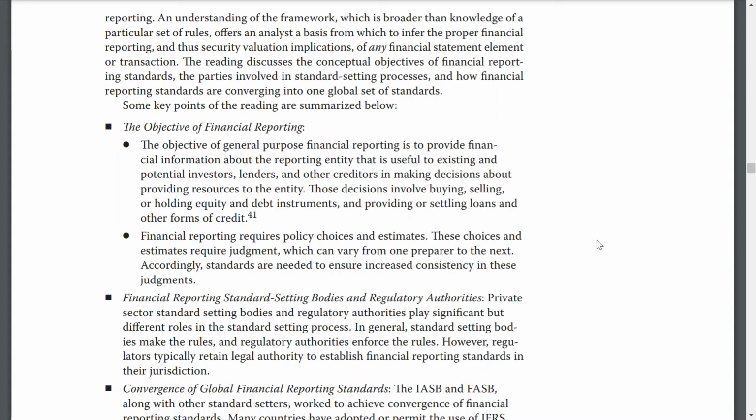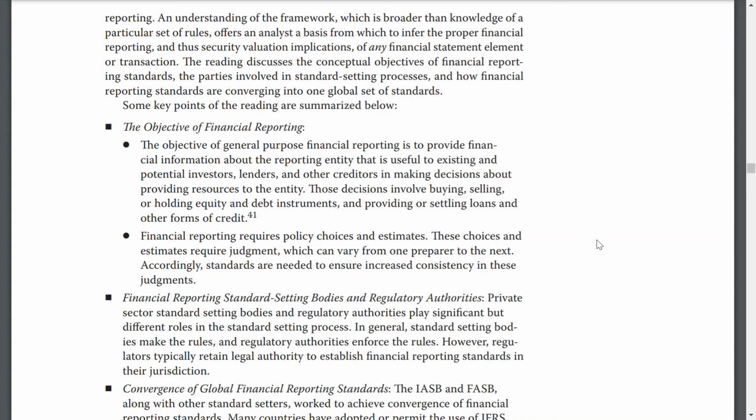These decisions involve buying, selling, or holding equity and debt instruments, and providing or settling loans and other forms of credit. Financial reporting requires policy choices and estimates. These choices and estimates require judgments, which can vary from one preparer to the next. Accordingly, standards are needed to ensure increased consistency in these judgments.